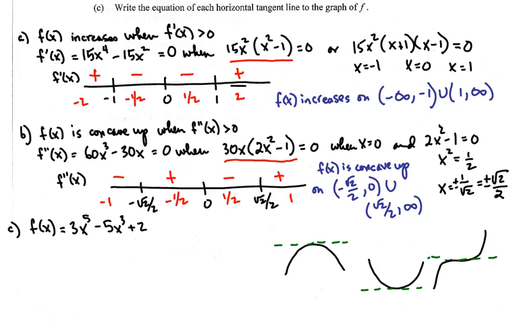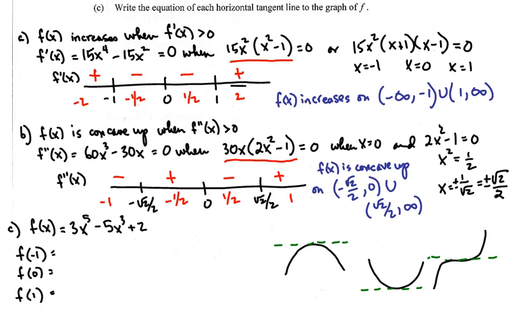So really all we need to do for this particular problem is to find the value of the function at x equals -1, x equals 0, and x equals 1. And when we find the y coordinate at that point, the equation of the horizontal tangent line that passes through that point will just be y equals whatever.